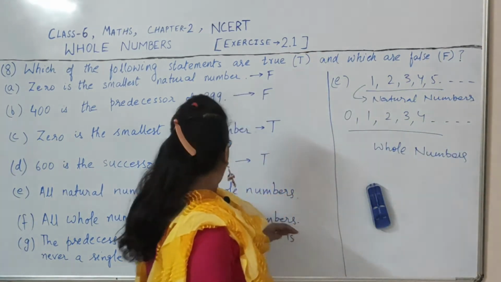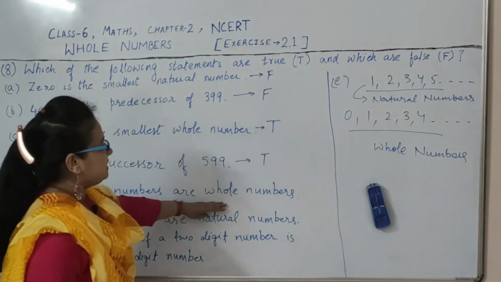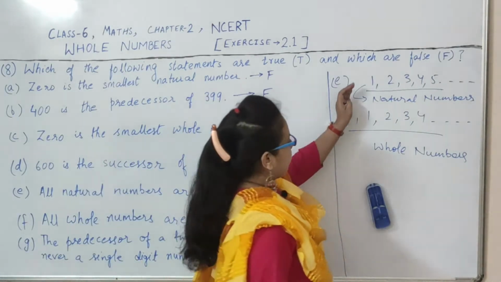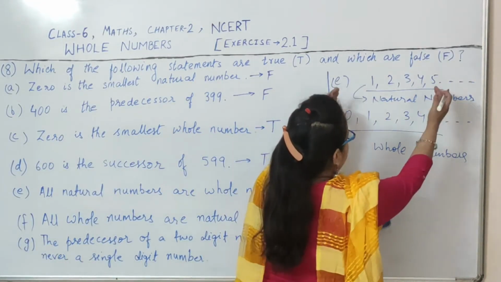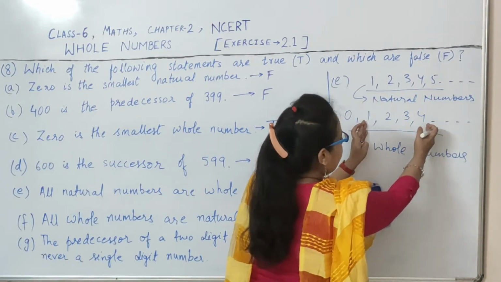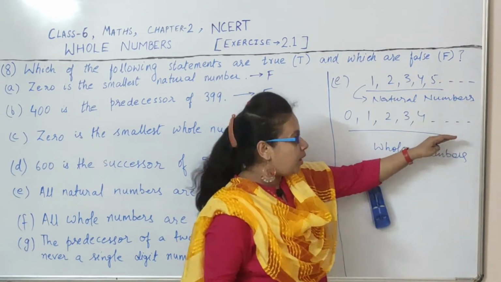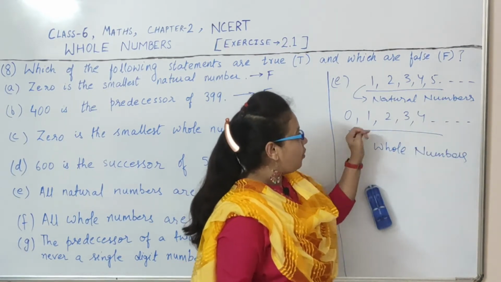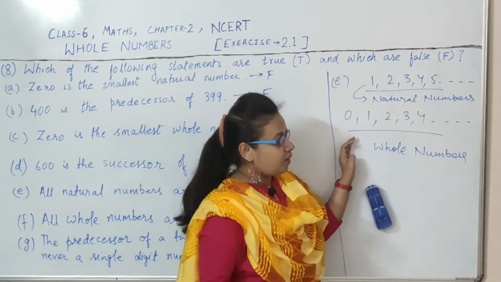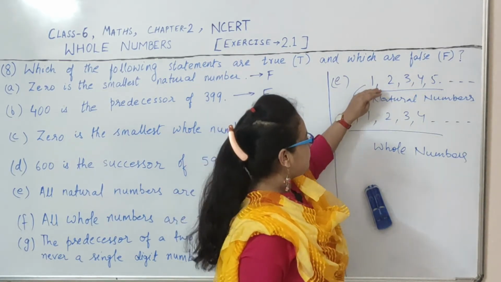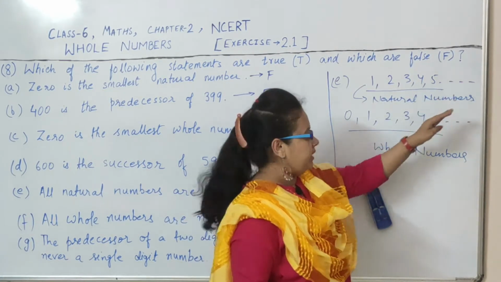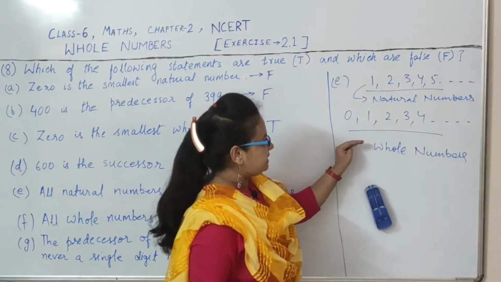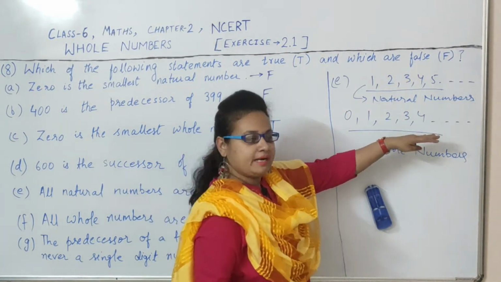So what is the question? All natural numbers are whole numbers. See, all these natural numbers are also there in the collection of whole numbers. What is the difference between natural numbers and whole numbers? The natural numbers are 1, 2, 3, 4, 5 and so on, and whole numbers are 0, 1, 2, 3 and so on.